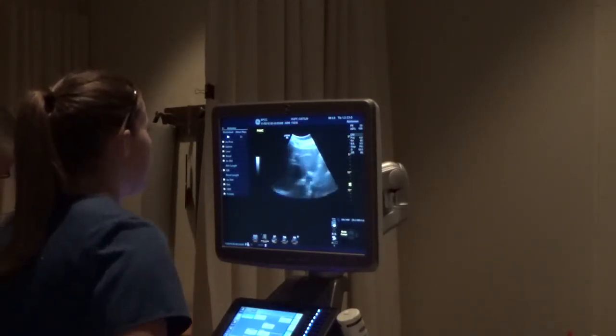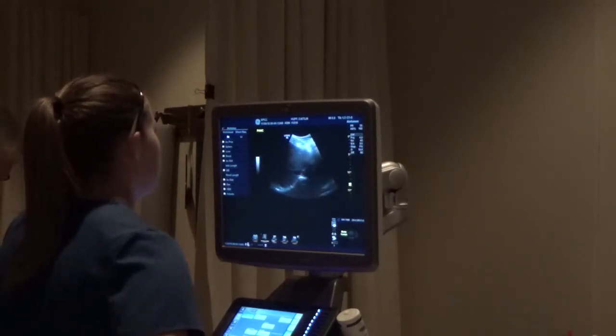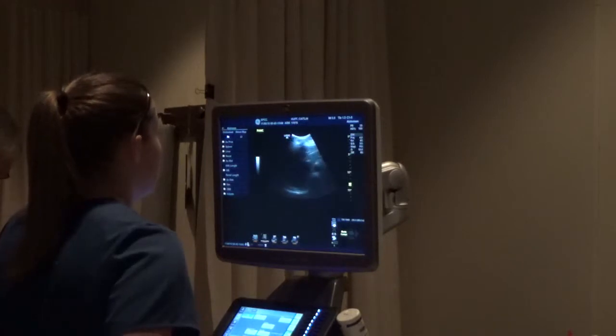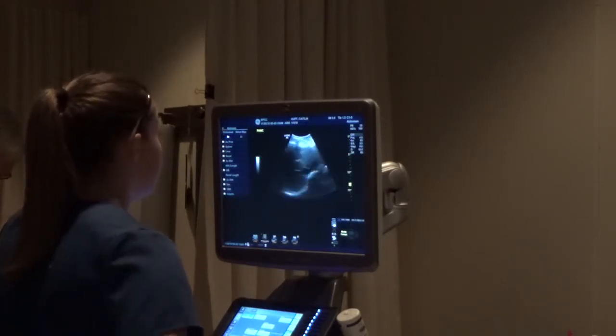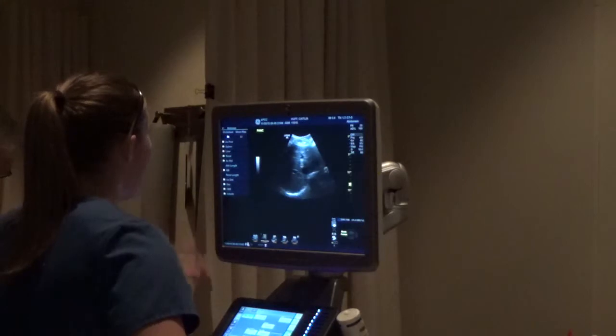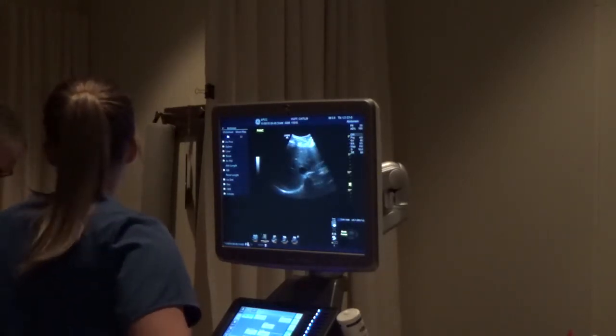Anything else that can enlarge the liver? Or somebody has a primary cancer somewhere, like Mets or hepatocellular carcinoma, those types of tumors.